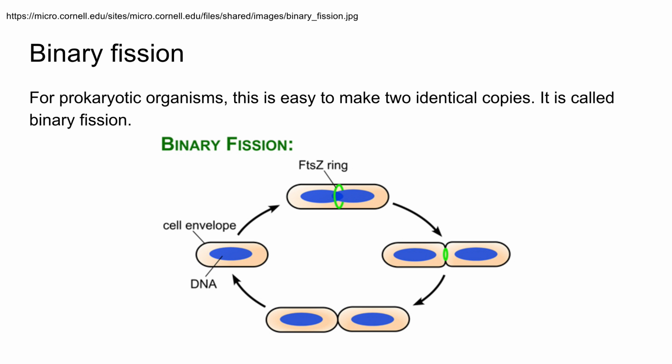So if we look at the simplest of the organisms, this isn't just isolated to prokaryotic organisms, because there are definitely eukaryotic organisms that do this too. But the easiest thing that we can do is what's referred to as binary fission, meaning double everything that you need to double, and since it's dealing with a prokaryotic organism, there aren't too many cell parts to worry about.